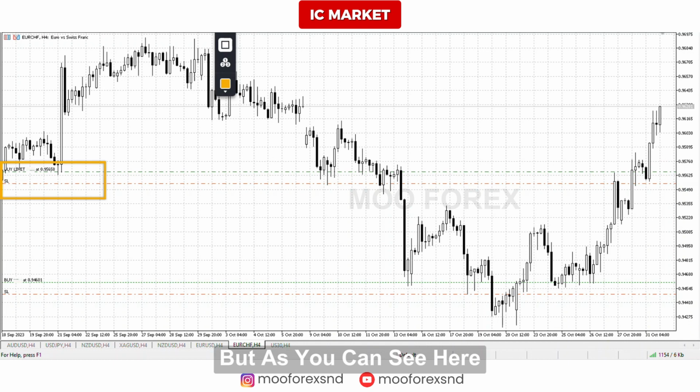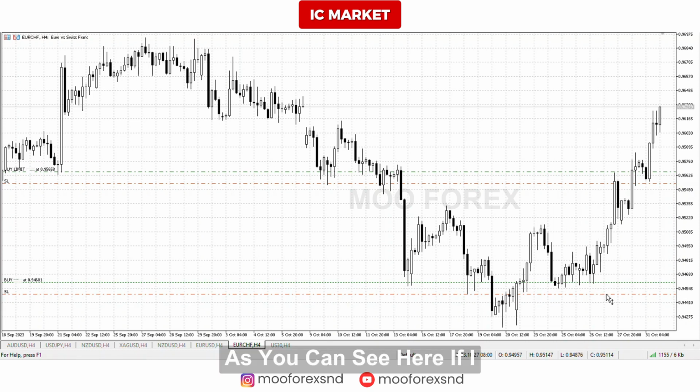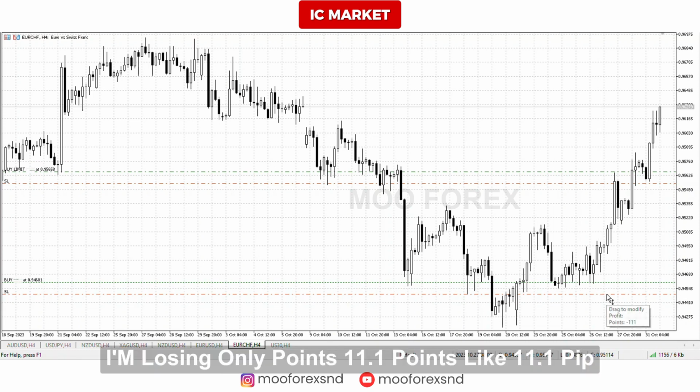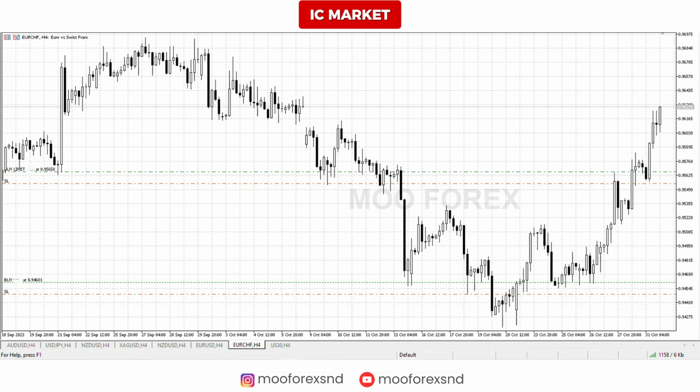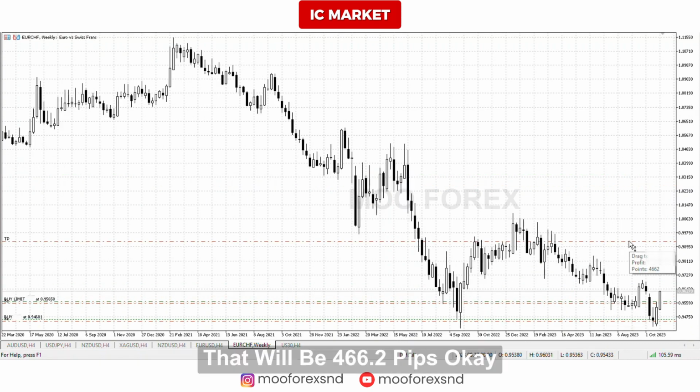As you can see here, I'm risking only 11.1 pips, and I'm going to hold this trade until here. That will be 466.2 pips.